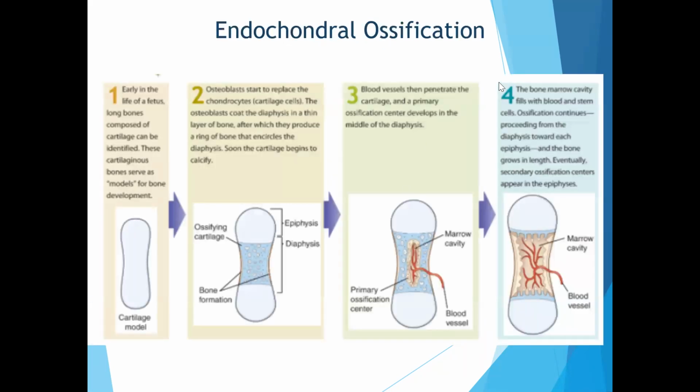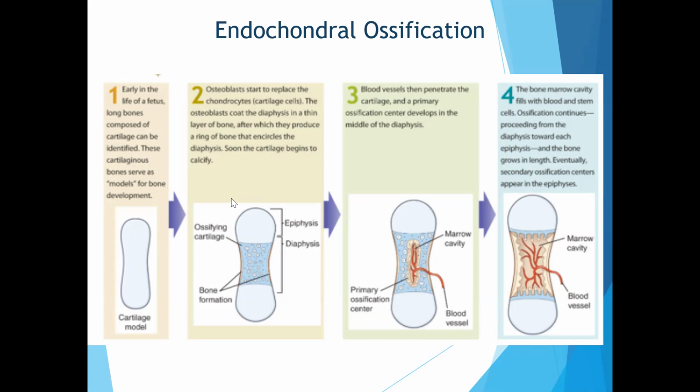Okay, so you may want to follow along in your book. This diagram is right out of the book, but I think it does a good job of summarizing it. As we said, about 3 months in, this endochondral ossification will start. Initially, it's these cartilaginous bones, and you can think of it as a model or a framework that the actual bone is going to follow.